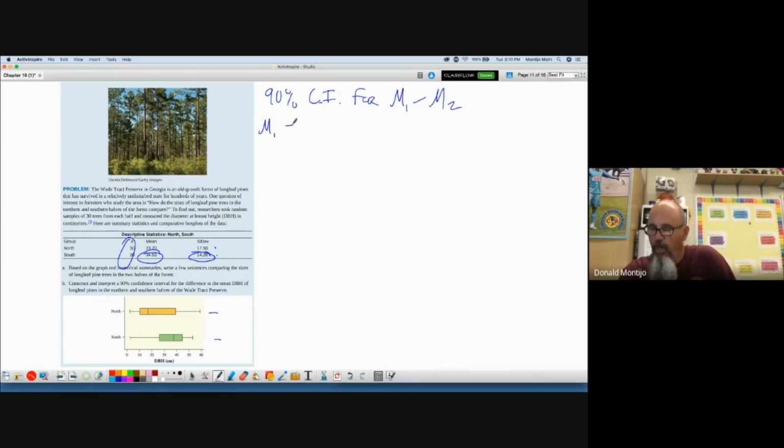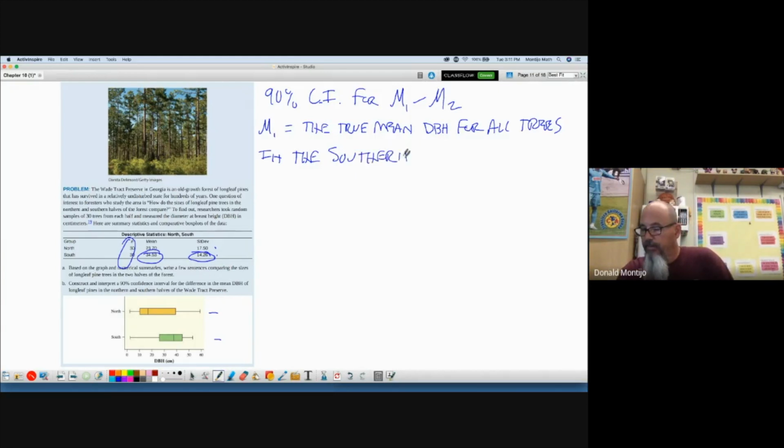So mu sub 1 is the true mean DBH for all trees in the southern half. What's mu sub 2?